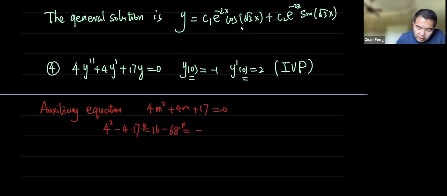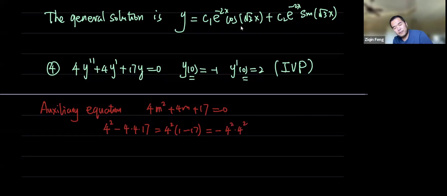Let me redo all my calculation here. b squared minus 4 times 4 times 17. The common factor is 4 squared, 1 minus 17. So this is negative 4 squared times 4 squared. Right, so this is less than 0.